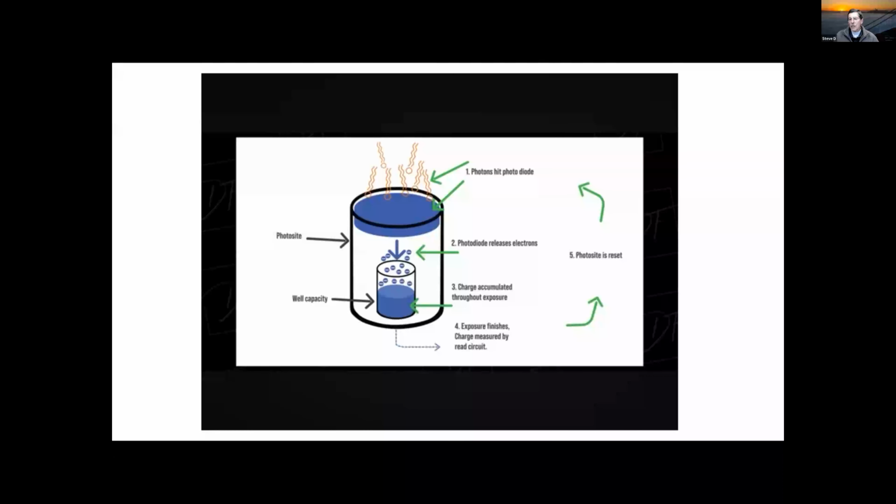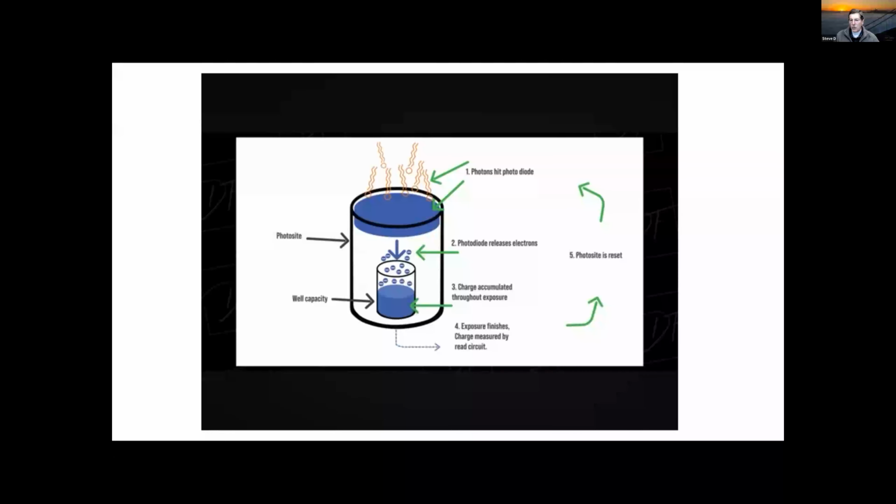So whether your cycle is 1/10 of a second or 1/1000th of a second, it captures electrons. It releases those electrons at the end of that 1/10 of a second, 1/100th of a second, and that charge is measured by the circuit. And then the photosite is reset for the next 1/10 of a second, 1/1000th of a second. All this happens in the blink of an eye.